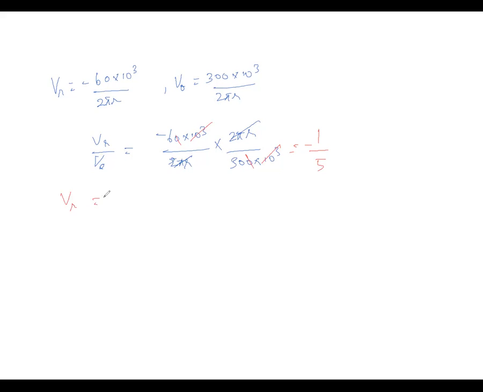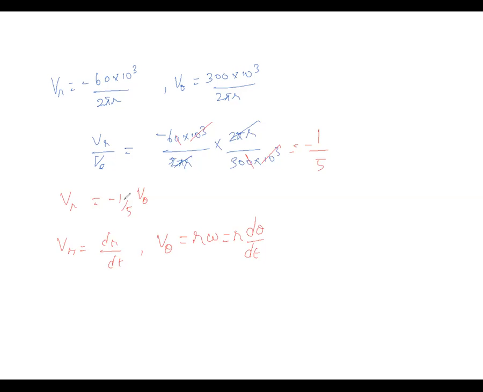The radial velocity is equal to minus 1 by 5 times V theta. We know that Vr equal to dr by dt. Similarly, the angular velocity V theta equal to r omega, that is r into d theta by dt.